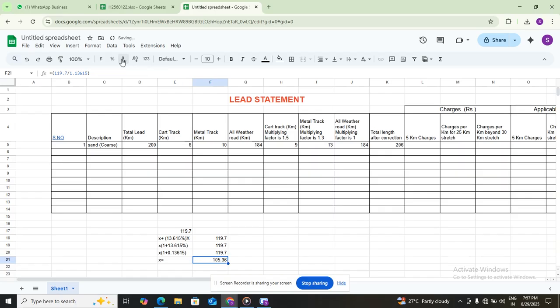Okay, this is 105.36. I can calculate it directly by dividing 119.7 by 1.13615.